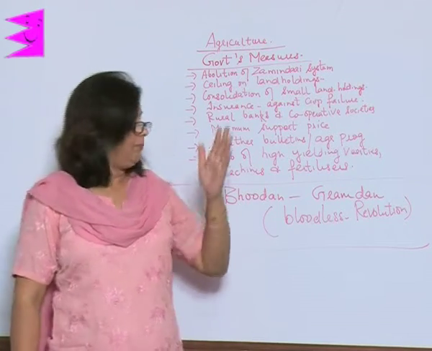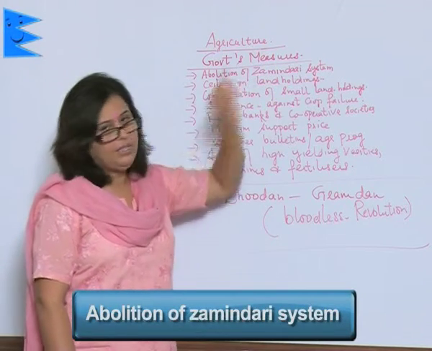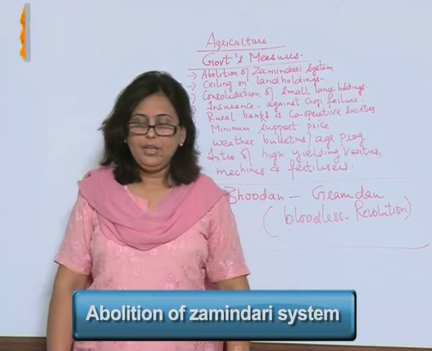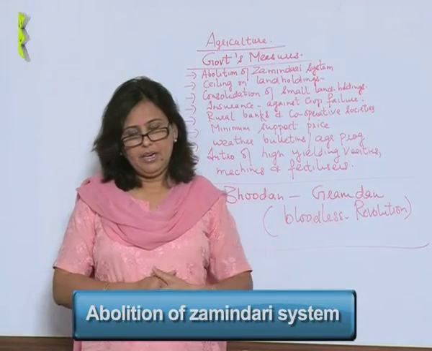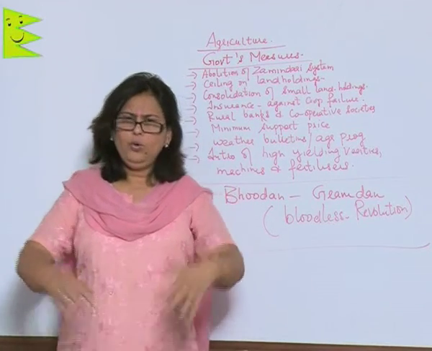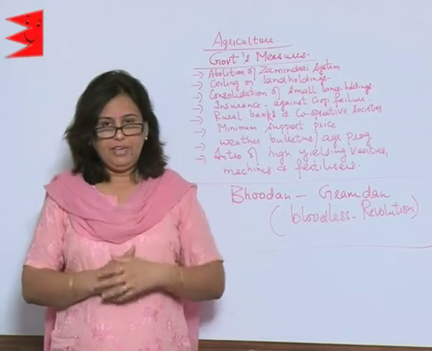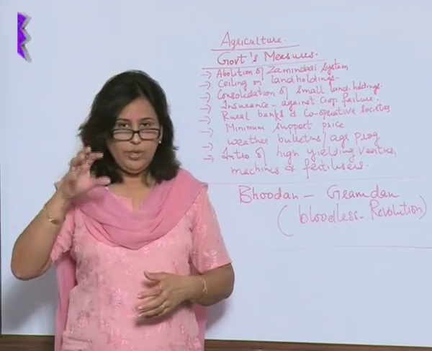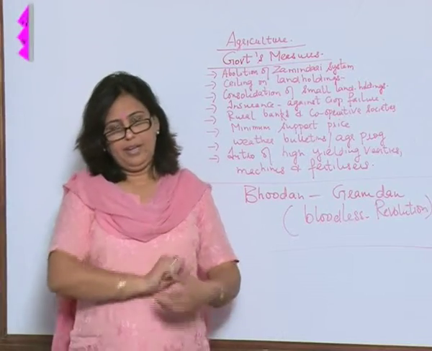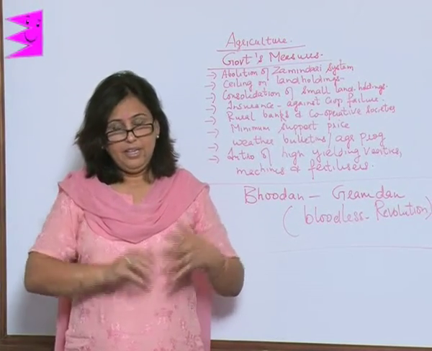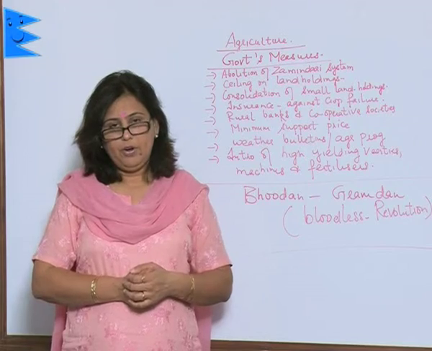And the government has taken certain measures in this field. The first is the abolition of the zamindari system. In the olden times, there were big zamindars who had huge lands and they would never go to the fields. They would just collect revenue from their areas, whether the land actually belonged to them or not.